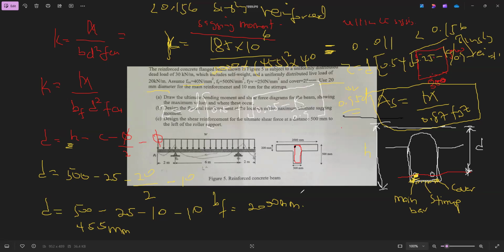You say z equals d into brackets 0.5 plus square root of 0.25 minus K over 0.9.